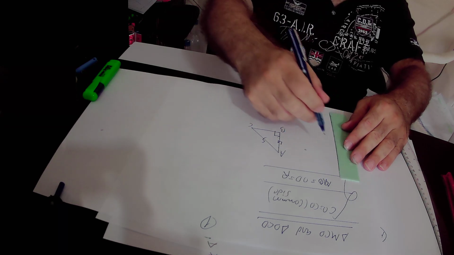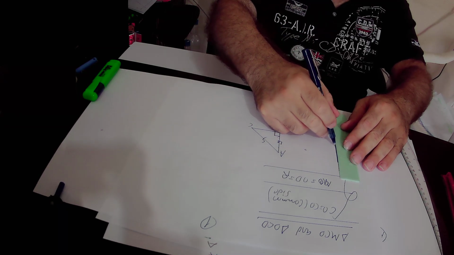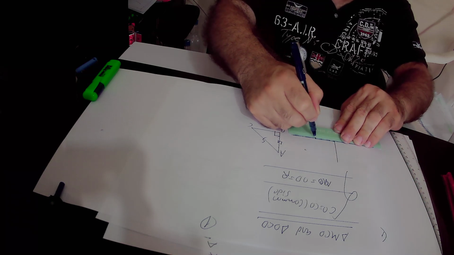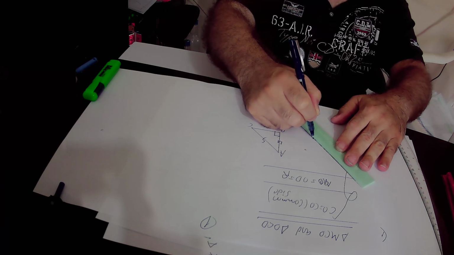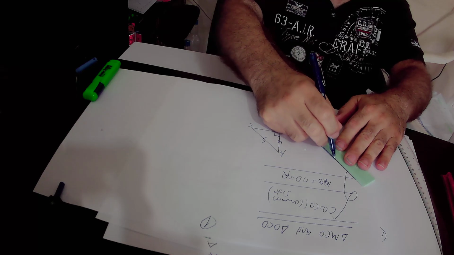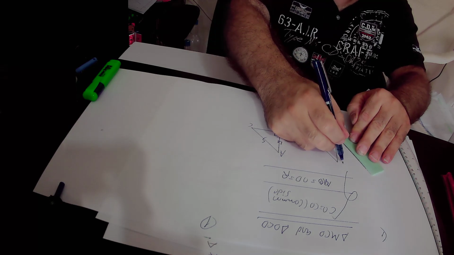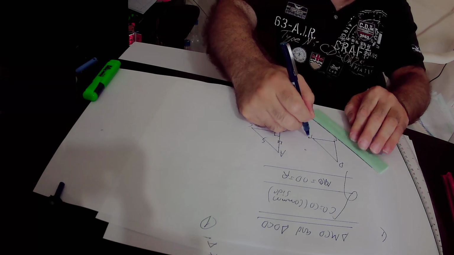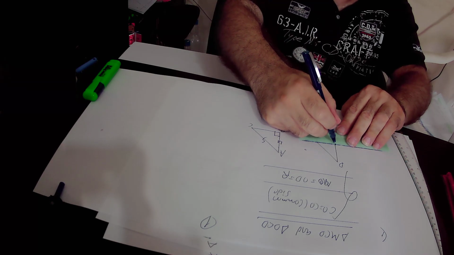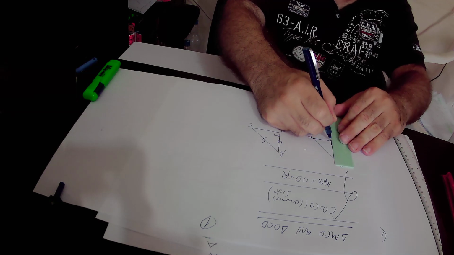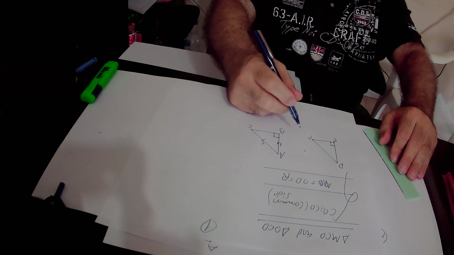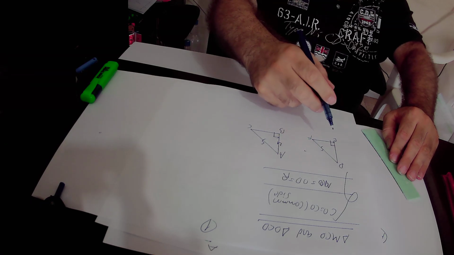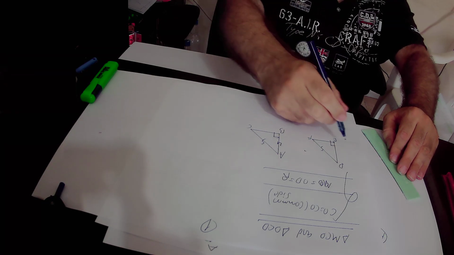And here also we have a right triangle, triangle DEF, with the hypotenuse DF that is also equal to 5 units, and the perpendicular DE is also equal to 4 units.